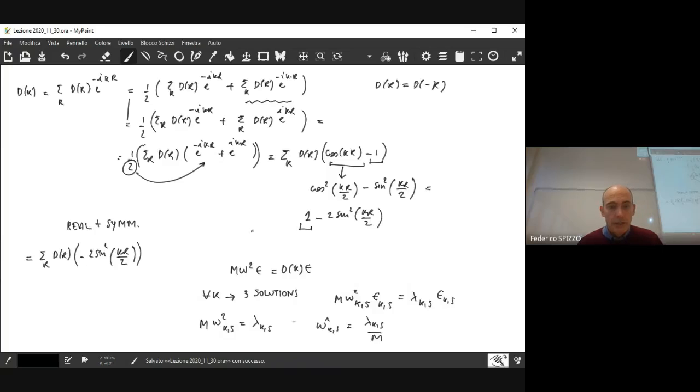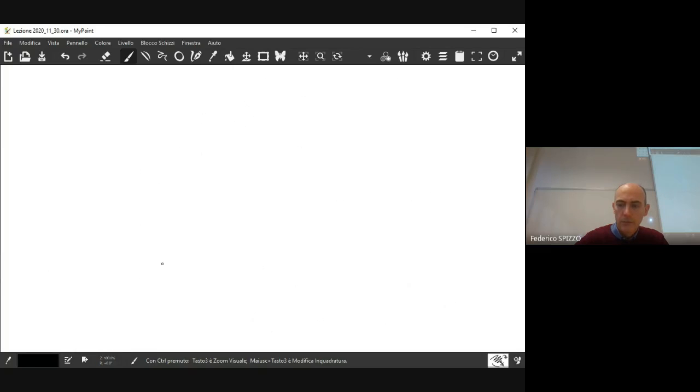Just a comment concerning the dependence. Let's just consider this matrix. So D of k is equal to minus 2 summation over R of D of R sine square of kr divided by 2.